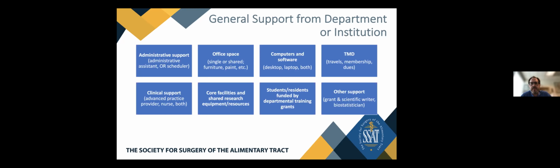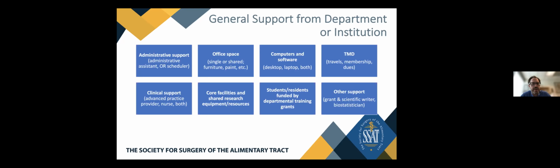Another aspect is the travel, membership and dues. Here at UC San Diego, we call it the TMD. This obviously supports going to meetings, paying for your memberships to societies, et cetera. And as you can imagine, this can get fairly costly. And so having departmental or institutional support is important for this.